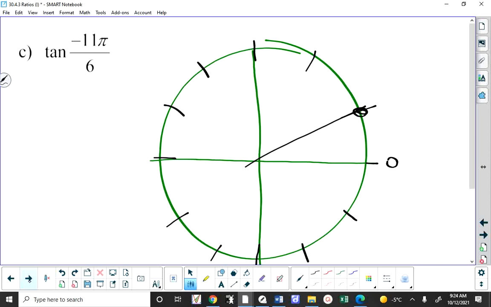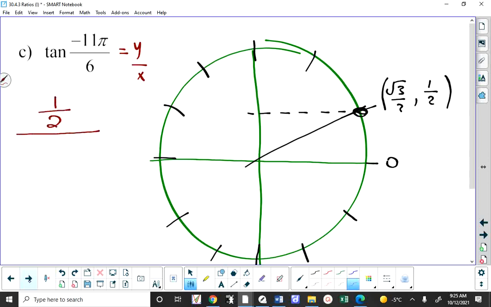Okay, so what is the tangent? Well, the coordinates here are root 3 over 2, comma, a half. I can clearly see the y coordinate is the one that's the half. So tangent of theta is equal to y over x. So I'm going to take the y coordinate over the x coordinate.